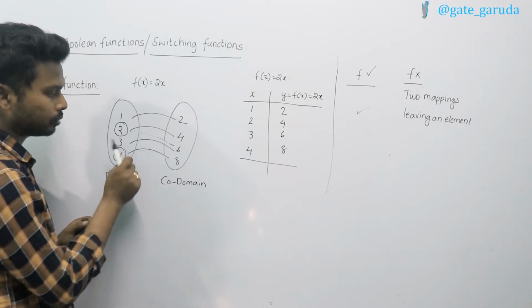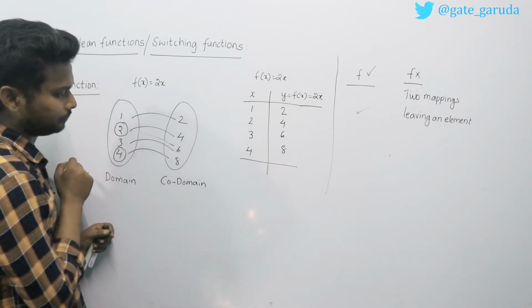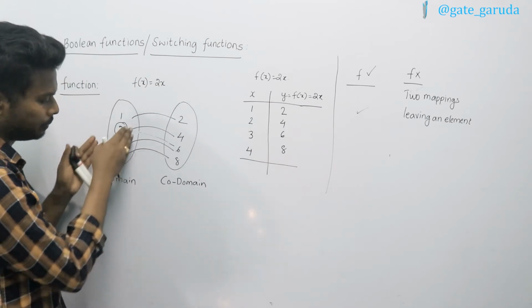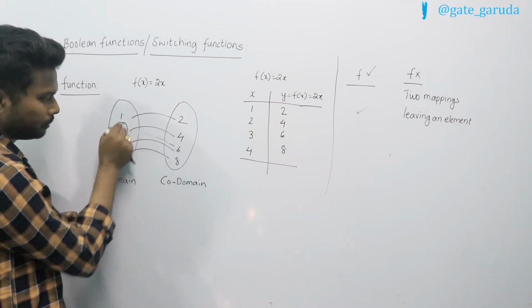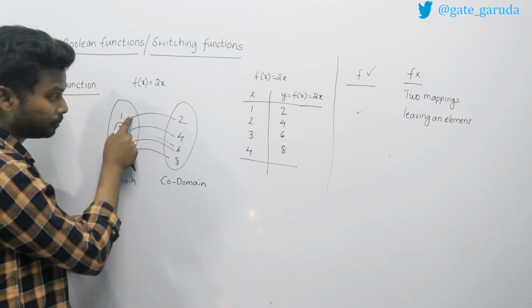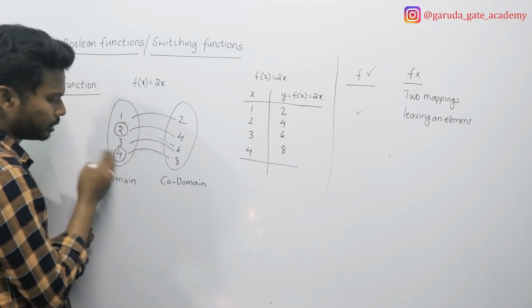It should be having only one mapping from the domain part. So all the constraints apply on the domain only, not on the codomain. All the elements should be mapped, and all the elements should be mapped only once. The constraint is on the domain.